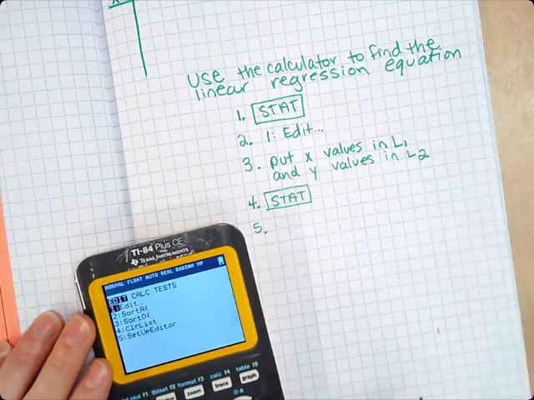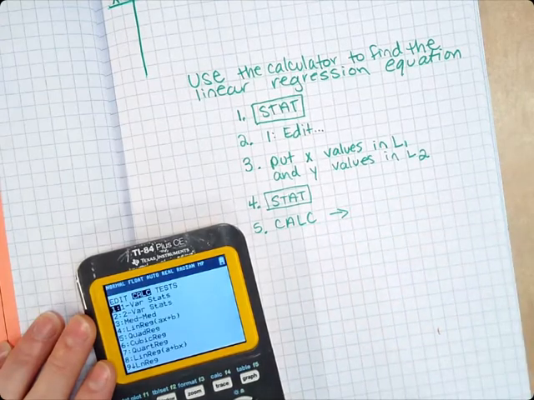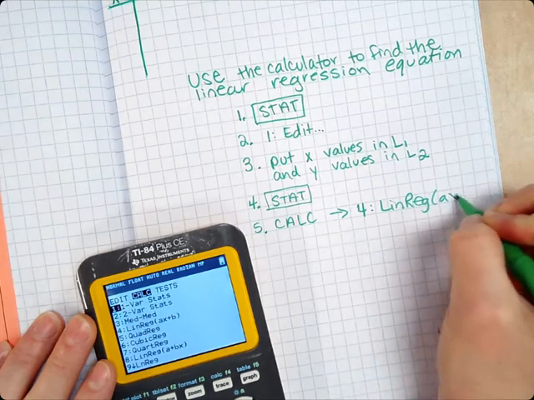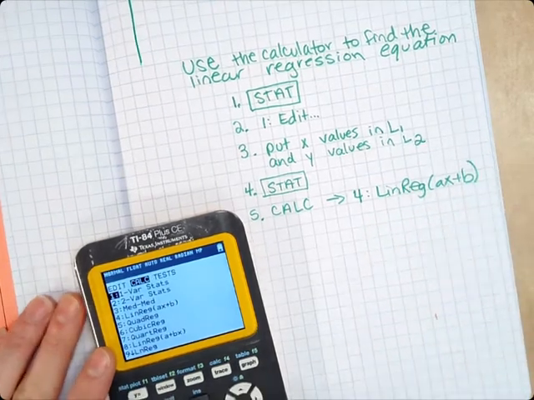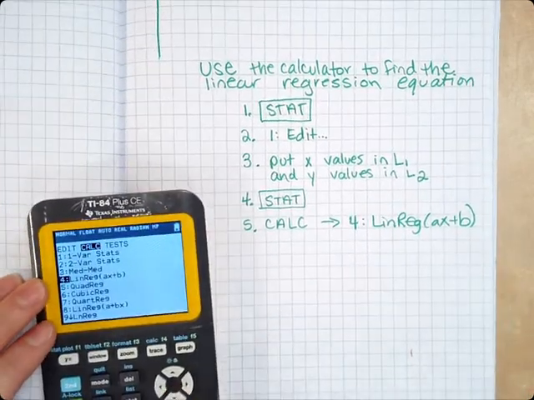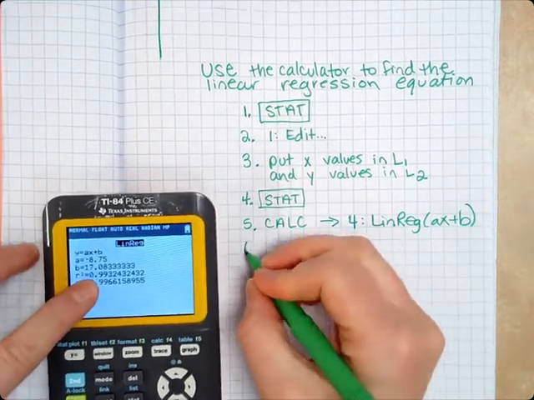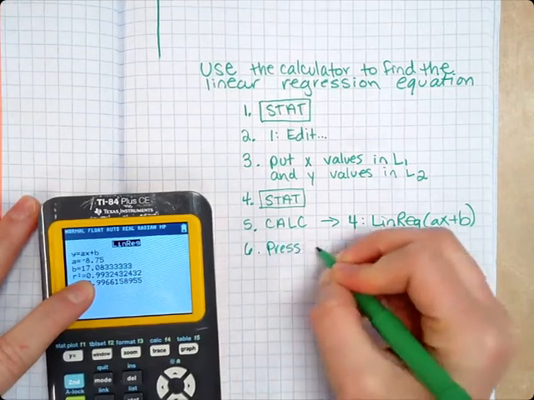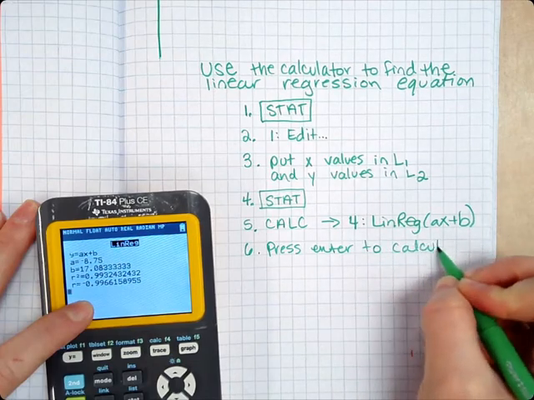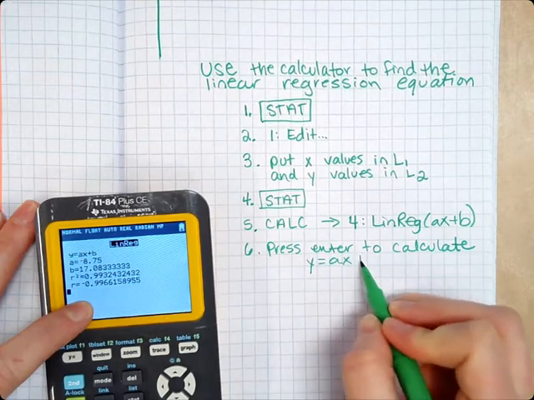Go to calc. Calc. And click the 4th option. Number 4. Line regression AX plus B. And then press enter to calculate. And it'll give you your Y equals AX plus B.